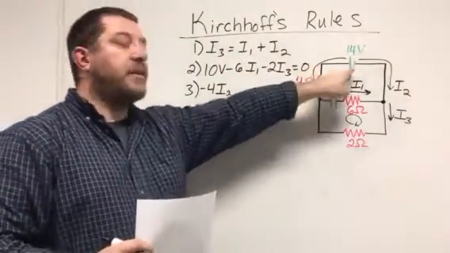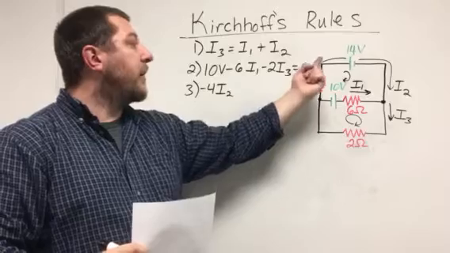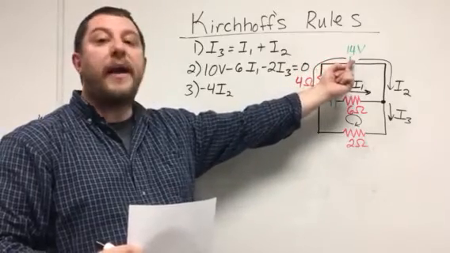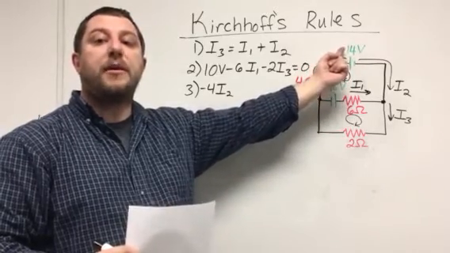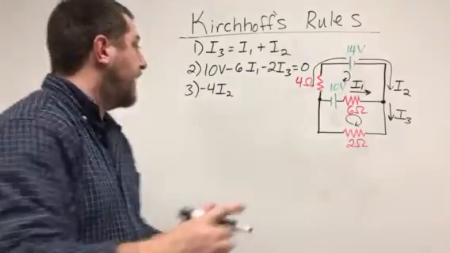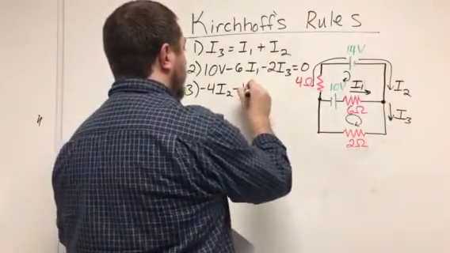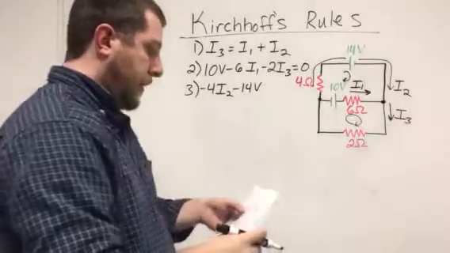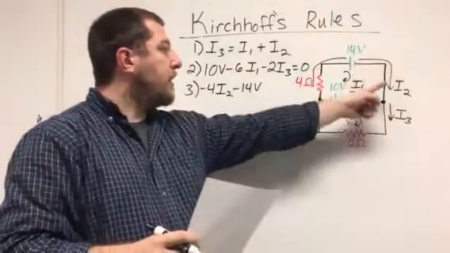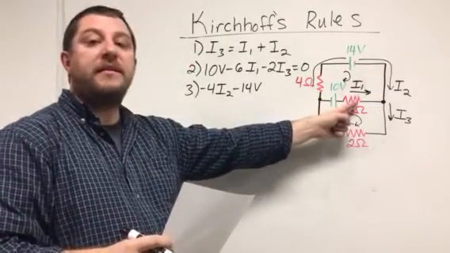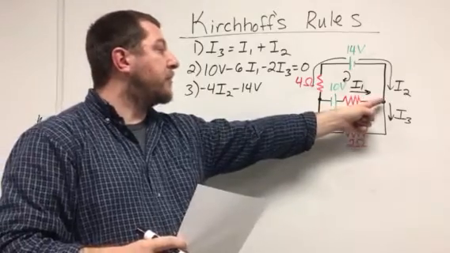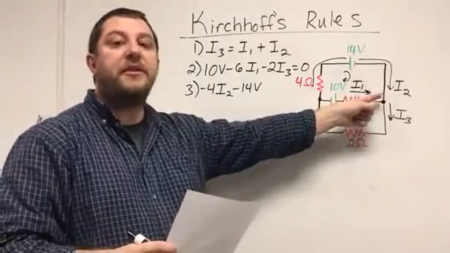All right? Then I come to this battery, and if I go clockwise around the loop and I come to the battery, I go from the positive terminal to the negative terminal. So this is a decrease in voltage. Right? And then I come to this resistor, and I'm traversing the loop opposite the direction of I1.